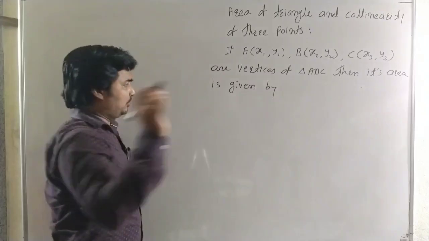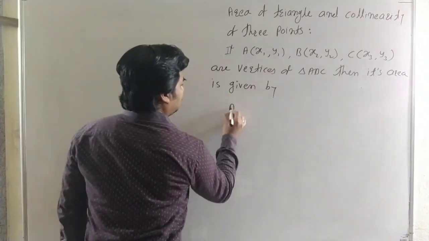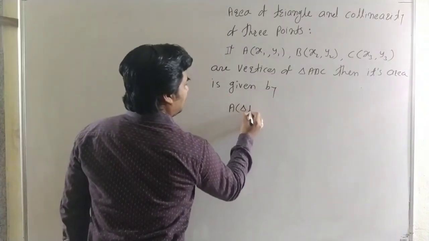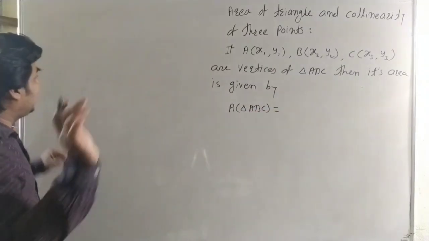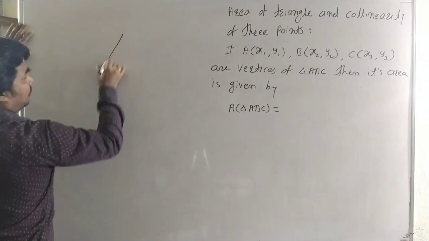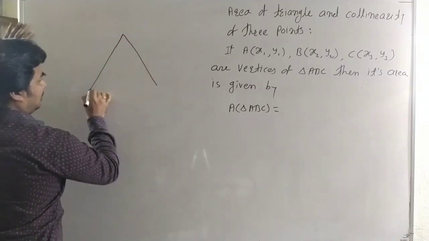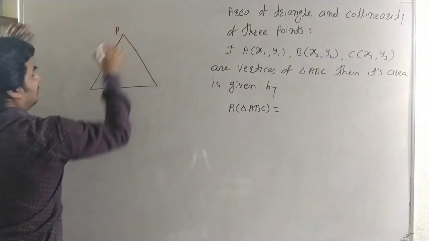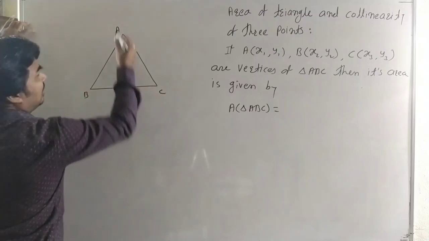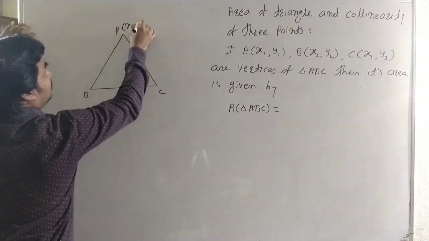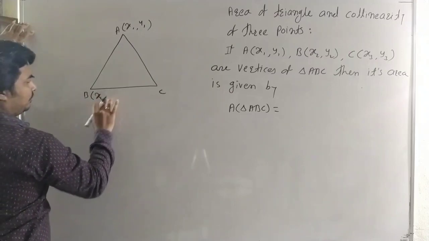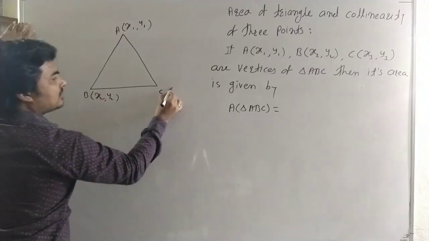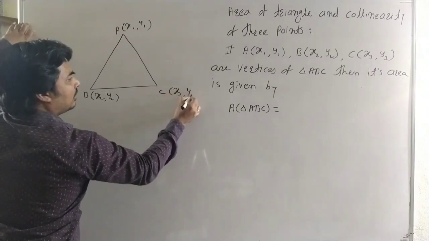Okay, here see carefully, we want to find the area of triangle ABC. The coordinates are given: x1 comma y1, x2 comma y2 and x3 comma y3.